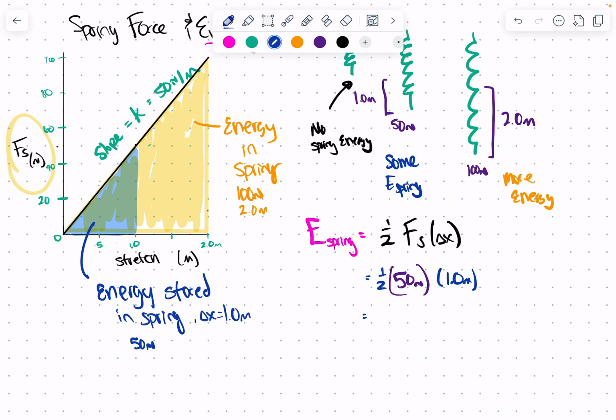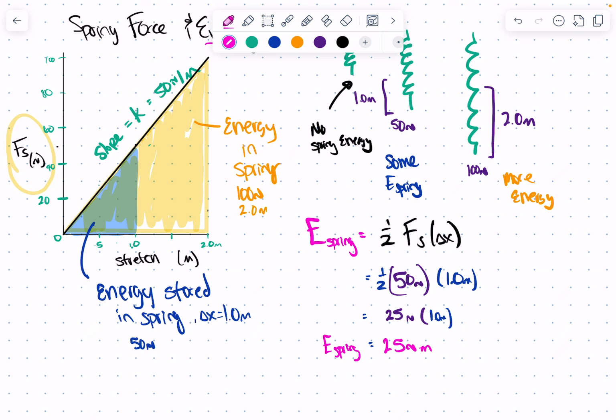So 1/2 of 50 is 25, times 1 meter, which will give us 25 newton meters.